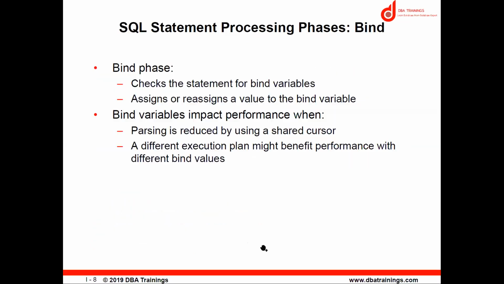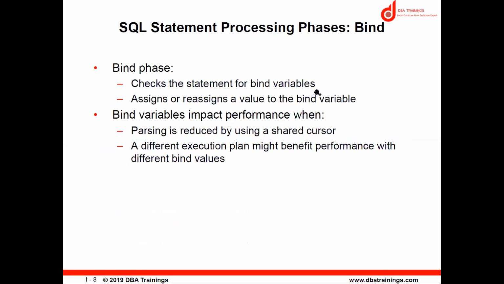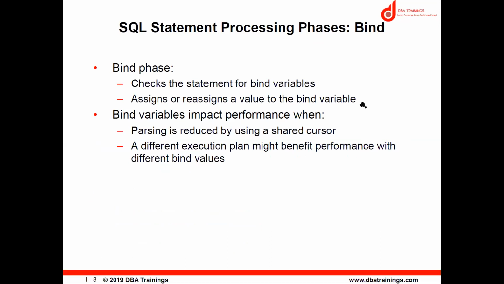Now, what happens in your SQL statement processing phase? During the bind phase, the Oracle database server checks your statement for references to bind variables. Here in this line you can see that it will assign or release a value for each bind variable.